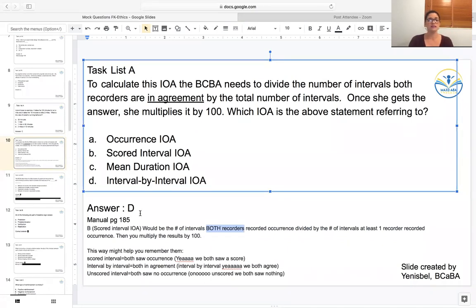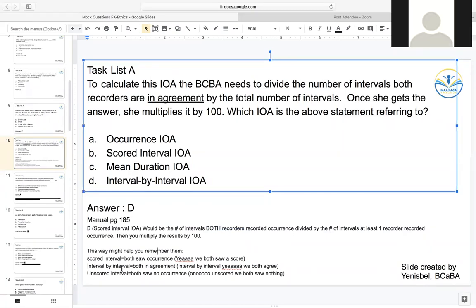Does it make sense? Yeah. Kind of. So for scored interval, it says that we both saw a score, but for interval by interval, it's like they saw something, but whether they agree, then it will be interval by interval. If they don't agree, I guess that'll be something else. Can you repeat the one for unscored?